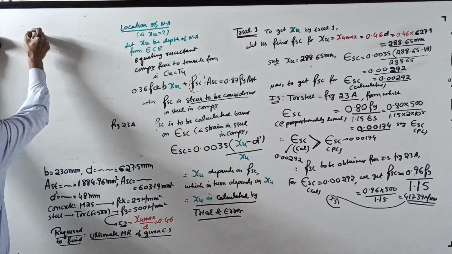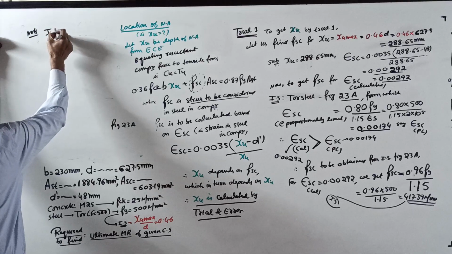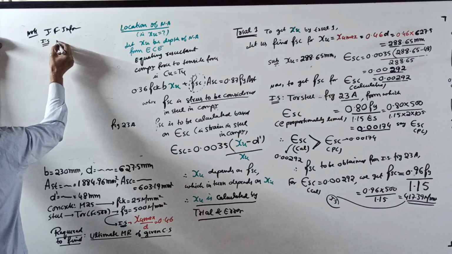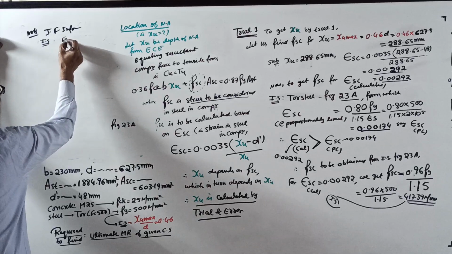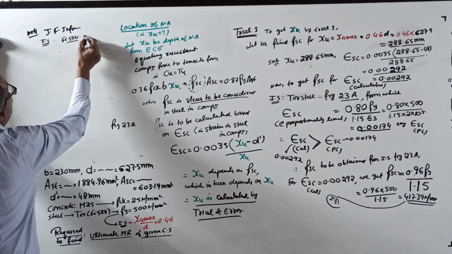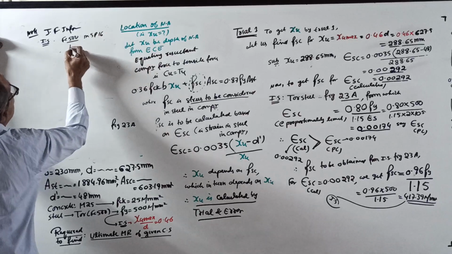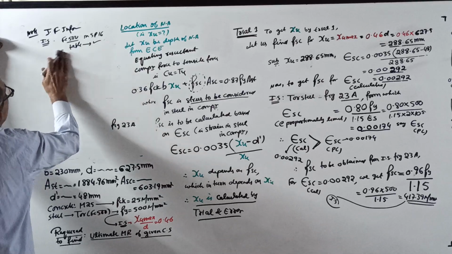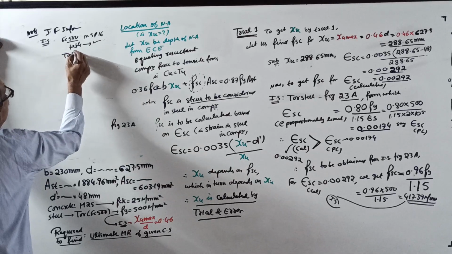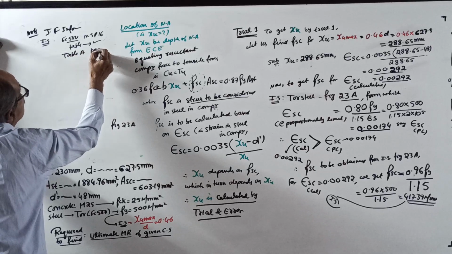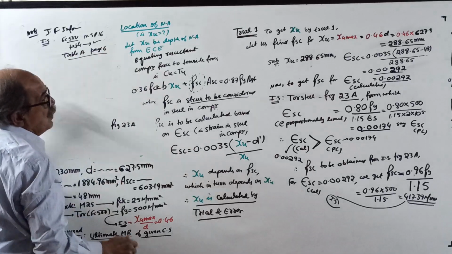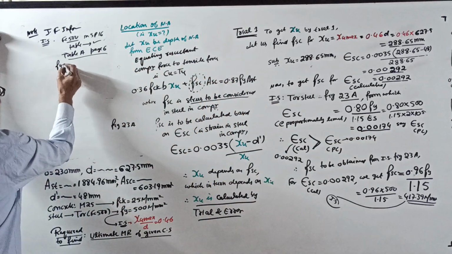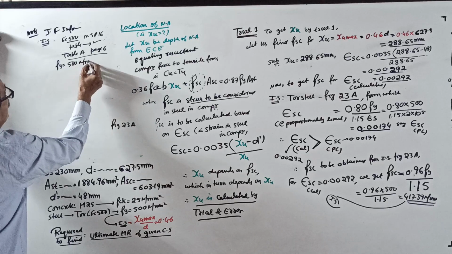One small note, just for information. We are referring to the IS code. For Fe 500 steel, in SP16 also a table is available, Table A, page 6, for strain above 0.00174 for Fy equal to 500 Newton per mm square.